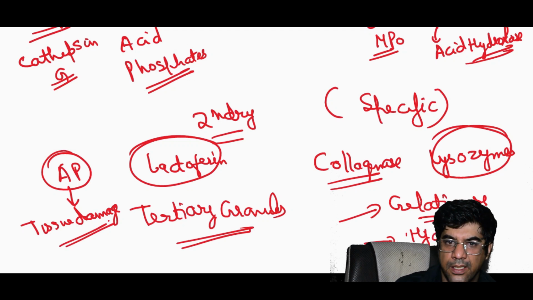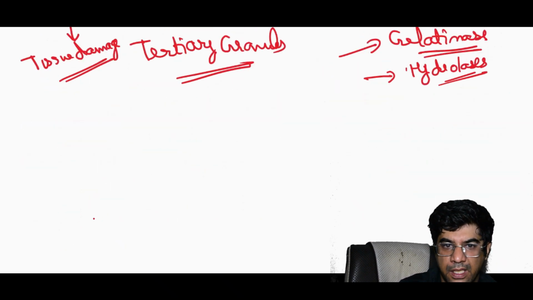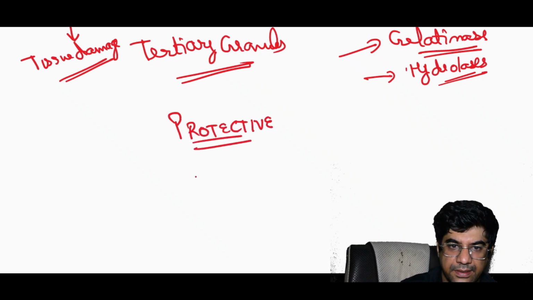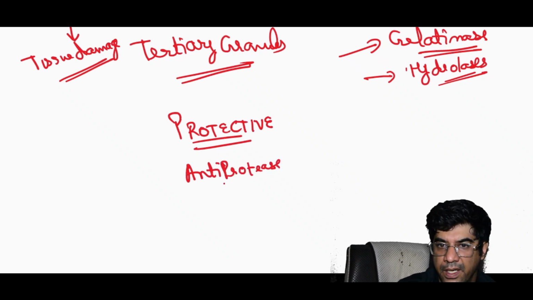So in order to prevent the harmful tissue destruction, our body has a protective mechanism, the anti-proteases, that is alpha 1 antitrypsin.